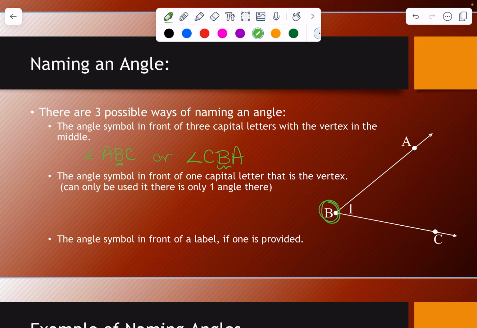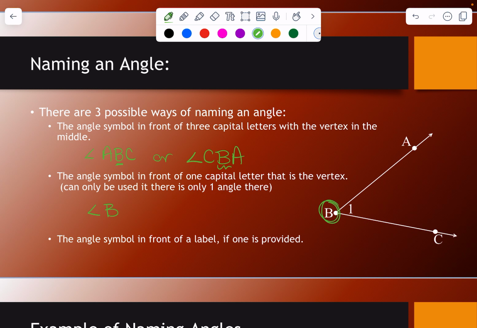The second way we can name an angle is the angle symbol in front and a single capital letter that is the vertex. So we can also call this angle angle B. Now, there is a caveat to that. We can only do that if there is only one angle present. That angle B completely expresses to you which angle you're talking about.